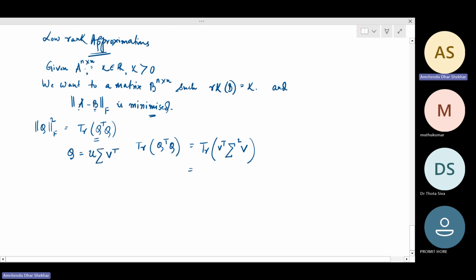And this will be equal to, the trace commutes of course, V and V transpose is equal to 1 because this is basically the SVD of Q, and so that would be equal to trace of sigma squared.